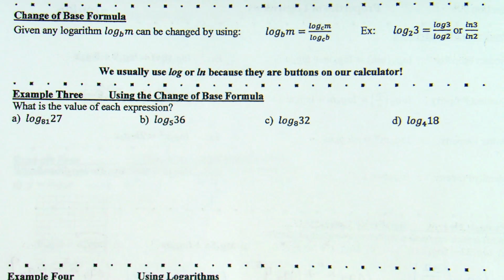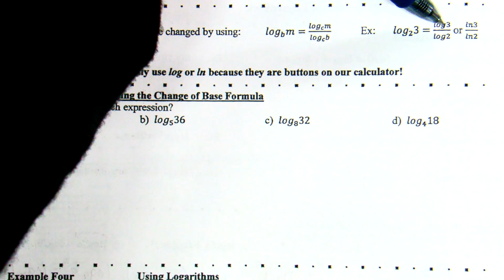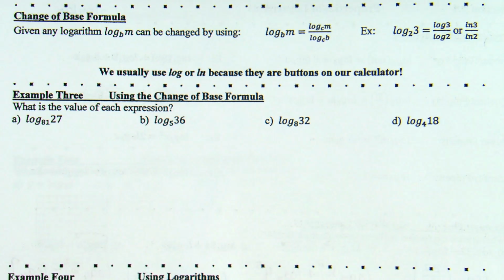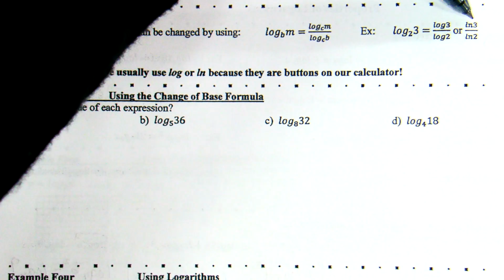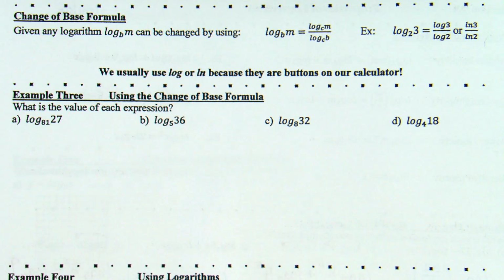Okay, so now I do log 3 divided by log 2. I know I haven't introduced natural logs yet, but you see ln 3 divided by ln 2. Natural log is a log base e, which we'll talk about in lesson 7-6. But you have an ln button on your calculator just like you have a log button on your calculator. So that would work equally as well.